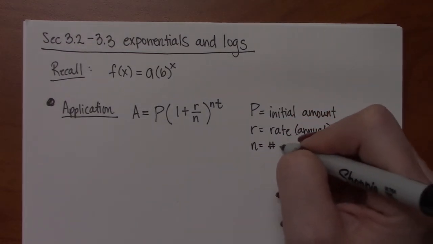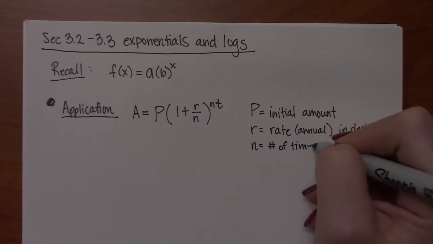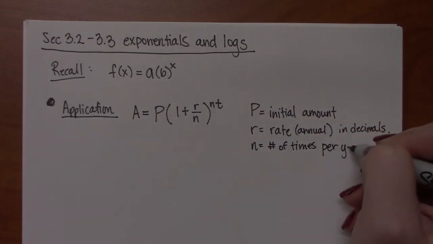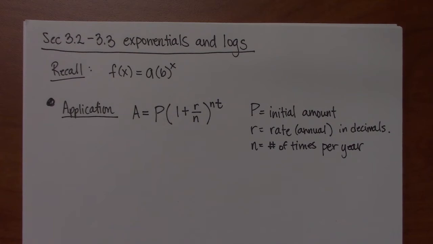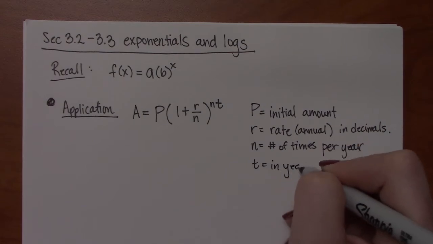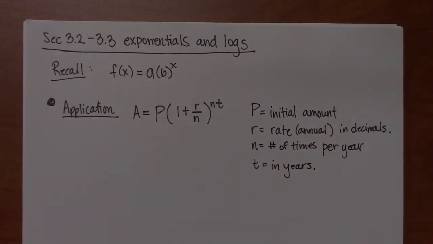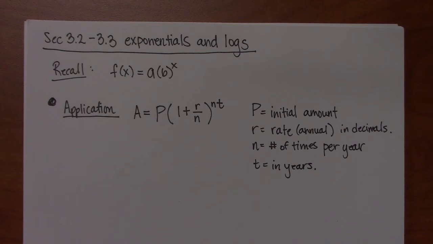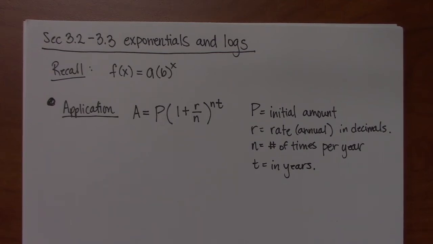N is the number of times per year that the interest is compounded. And T is measured in years. So we can use this formula to figure out how much money we would have at a certain time T based on how many times per year we compound our interest.